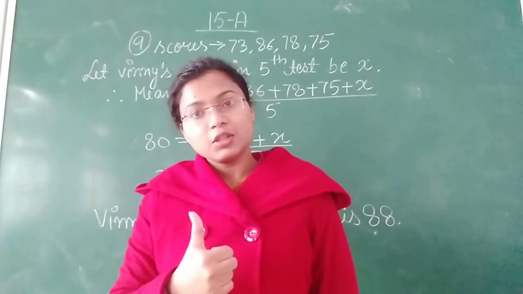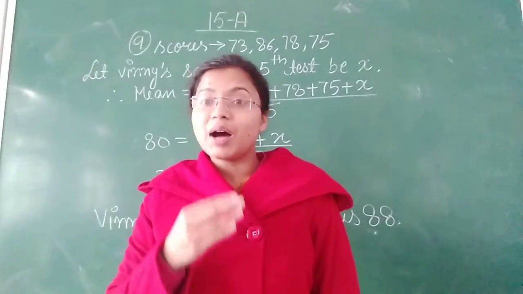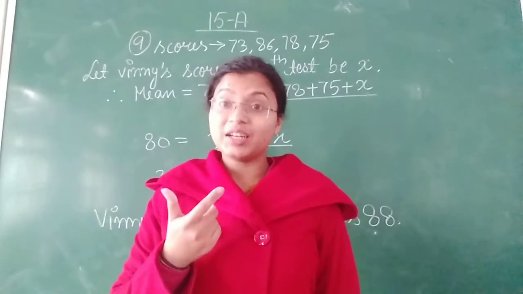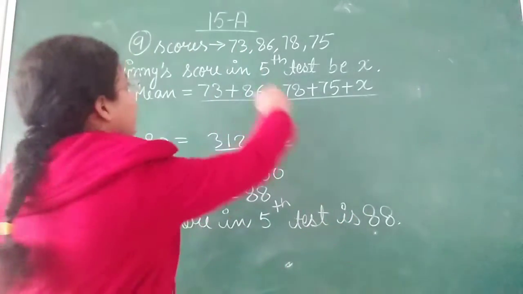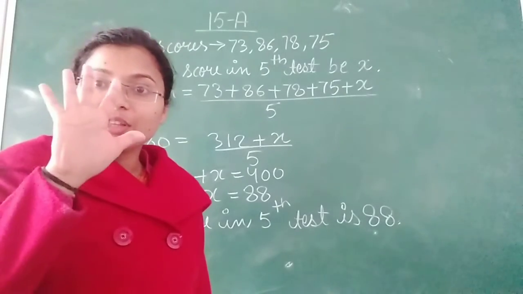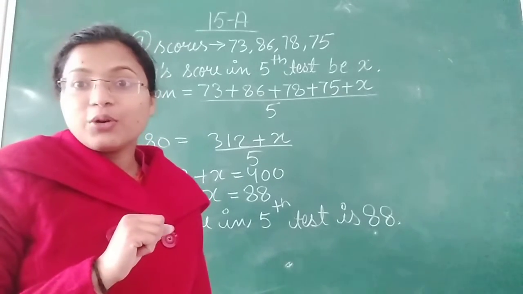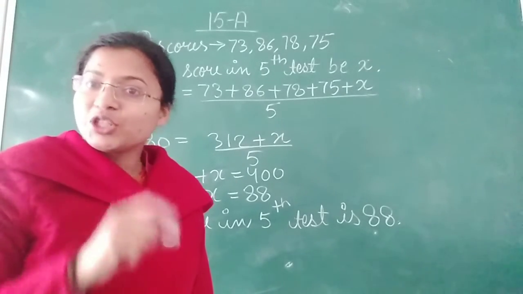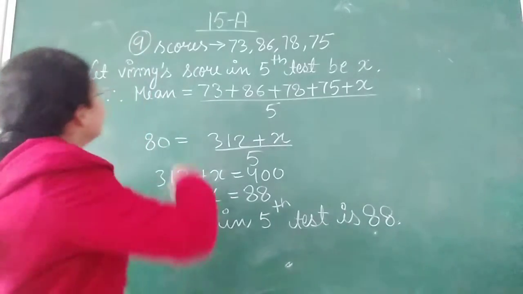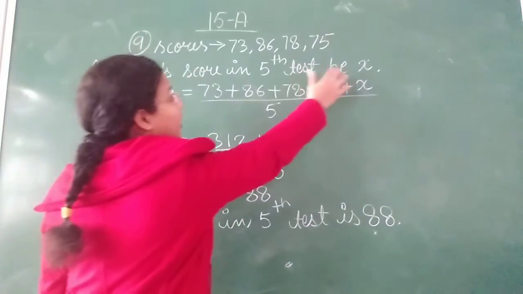We can assume that the marks Vinny got in her 5th test is x. We do not know the actual number she got, so we assume it as x.